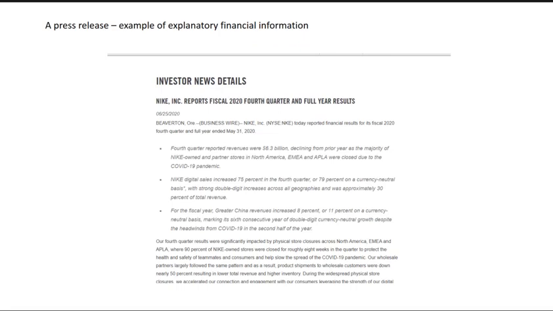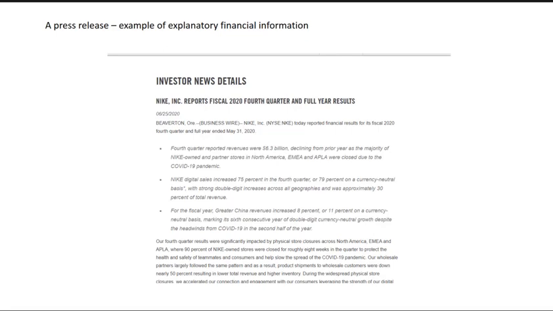So here's an example of what comes out every quarter and every year. Nike has to report information. You see that their year ends on May 31st, 2020, not that long ago.